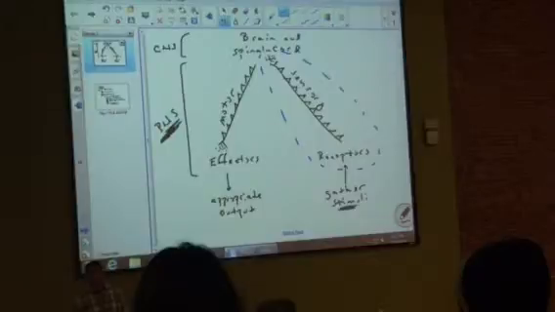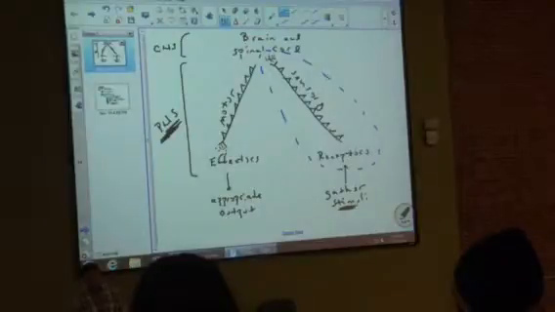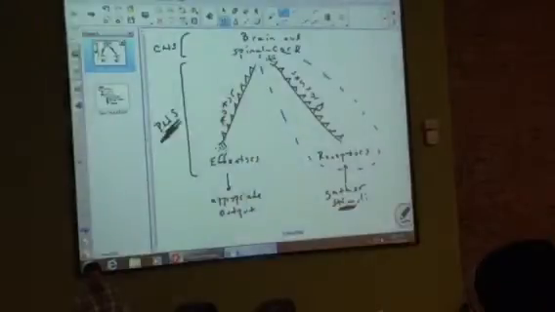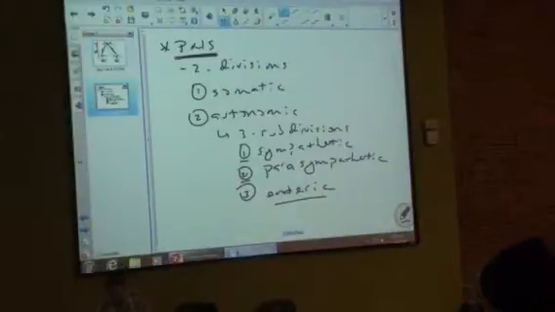Okay? Are we good? So, what we're going to again deal with are these receptors. There are receptors that are somatic receptors. There are receptors that are autonomic receptors. They work the same way, they just detect different stuff. All right?